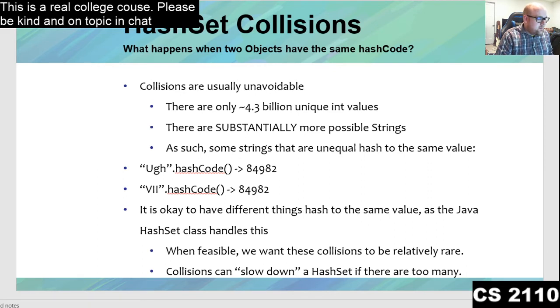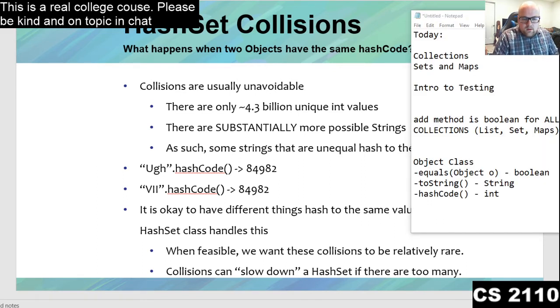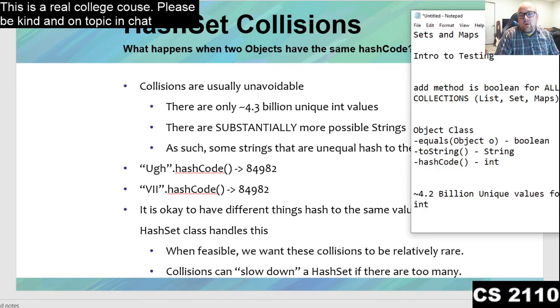Because given that the int has 4 bytes, there's only about 4.2 billion unique values for int. There are more than 4.2 billion unique strings possible. There's a practically infinite number, technically finite, but it's an extraordinarily large finite number.